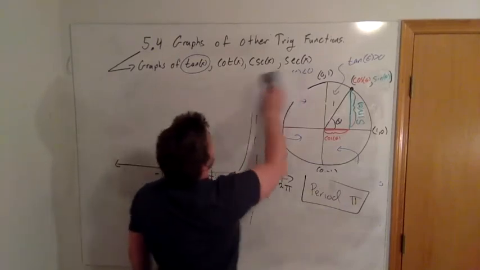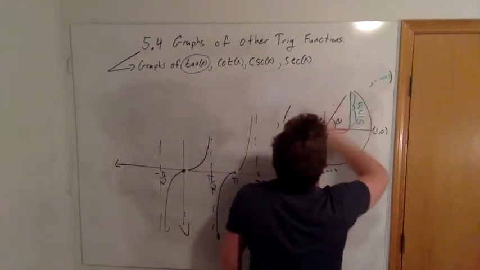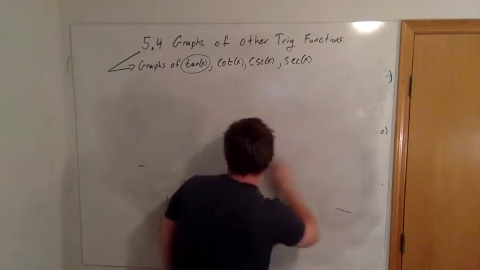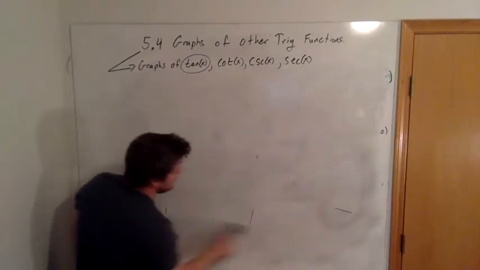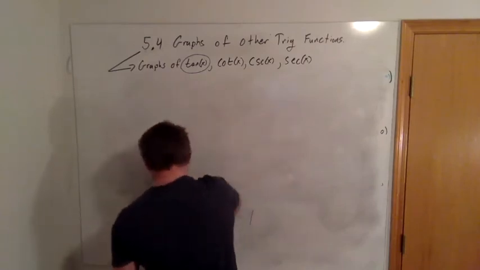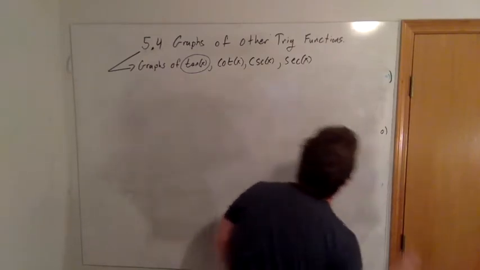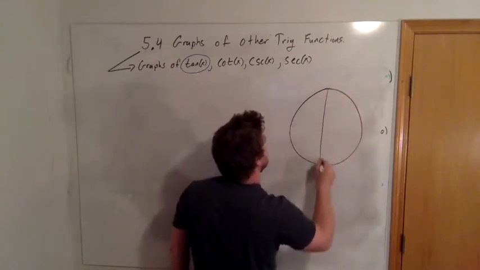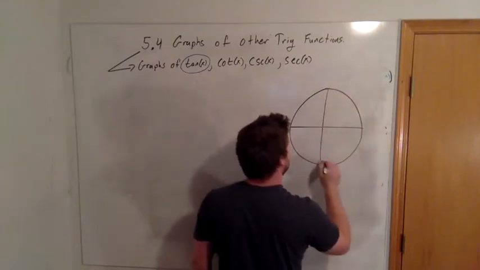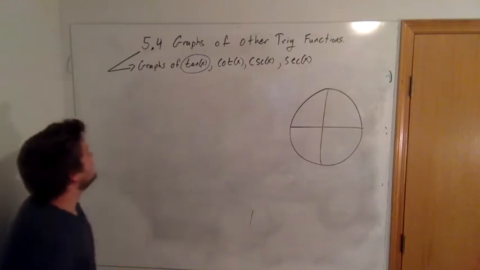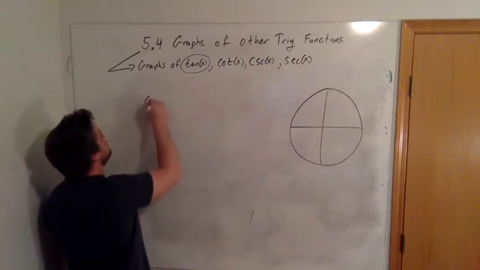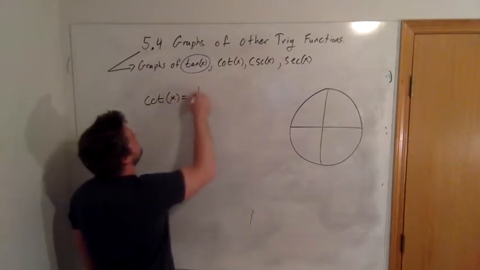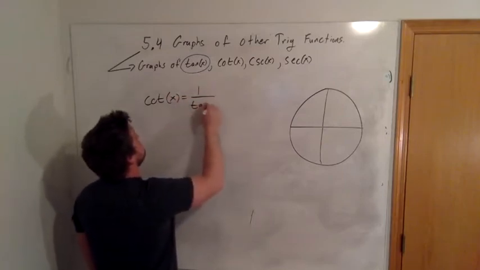Okay, our next graph, let's do cotangent. Let's just keep a quick picture of the unit circle up. Here's our unit circle. Now remember what cotangent is. Cotangent is the reciprocal of tangent.